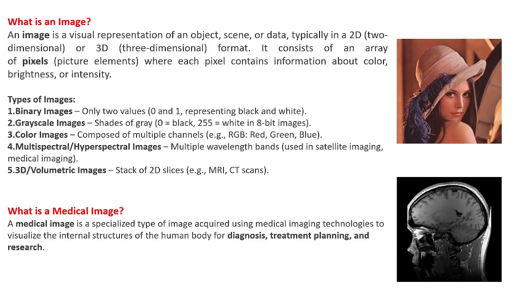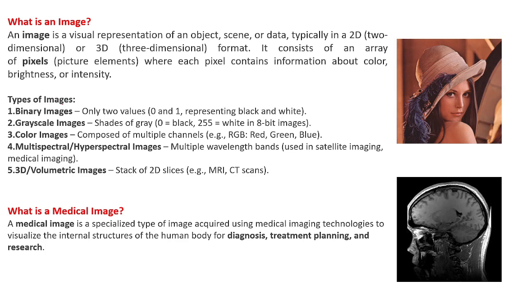So at first we ask the question: what is an image, basically? An image is a visual representation of an object, scene, or data, typically in a two-dimensional or three-dimensional format. Basically we know the image is a two-dimensional representation of any object, but sometimes a medical image like a CT scan or MRI is also a three-dimensional representation of any kind of object, like the internal organs of our bodies.